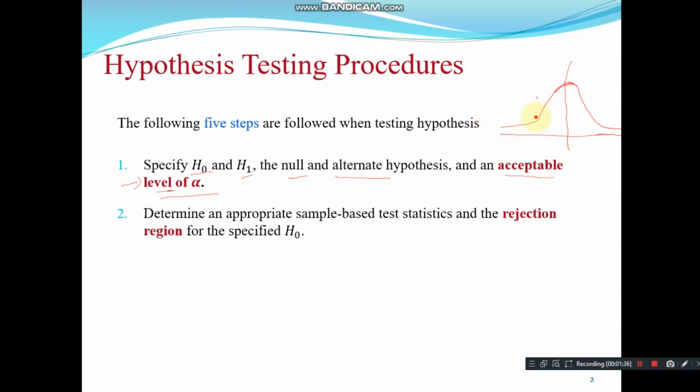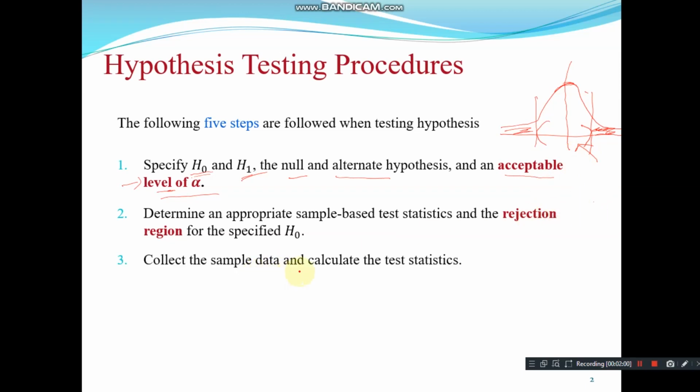Suppose this is the acceptable region, I am giving it randomly, and this is the rejectable region. It depends on how you are choosing H0 and H1, that is, the null and alternate hypothesis. In problems I will give complete information on how to calculate this rejection and acceptable region of H0.